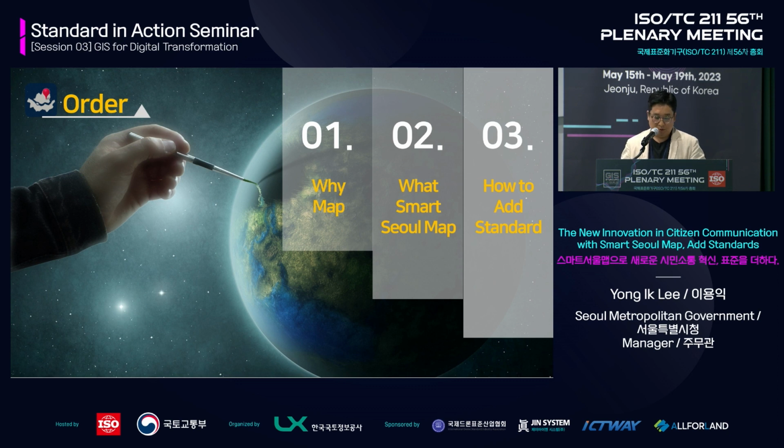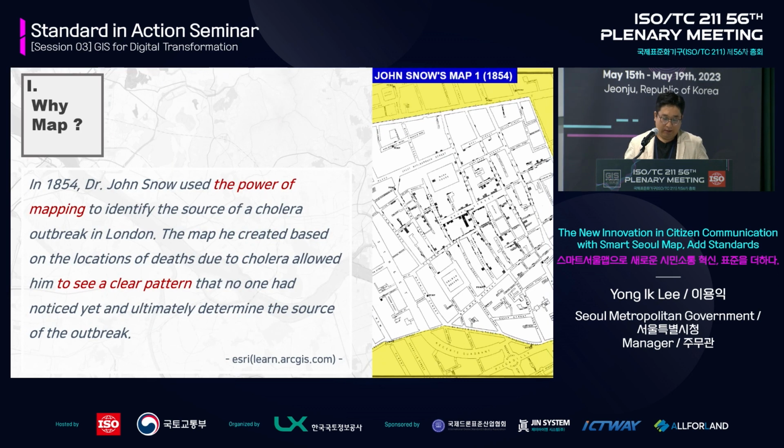If you think of when you first met the concept GIS, it would bring back a lot of memories. I hope you could listen to the presentation with that in mind. What you see on the slide is the cholera outbreak map of London in 1854.